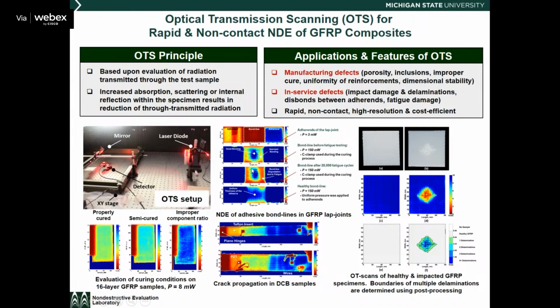From that, you can capture the impact damage like what we've seen before in microwave. Now you can see this using OTS. And from this measurement, you can get the data reconstruction and know the different delaminations at different depths or different layers of these components, right? This is the inverse problem where you can reconstruct the data from there.